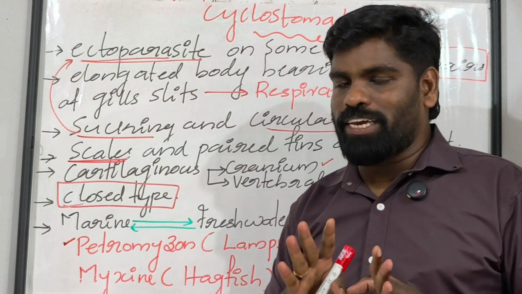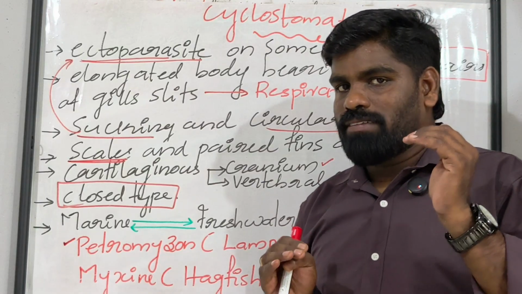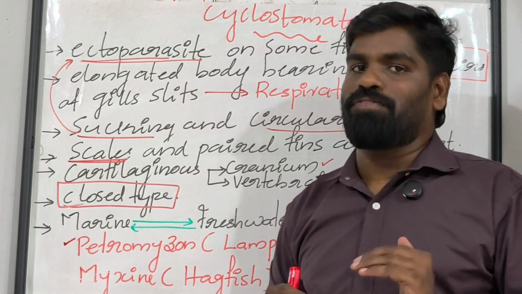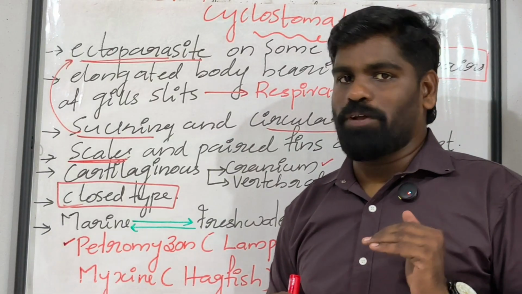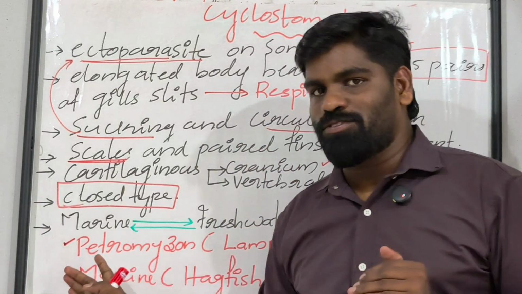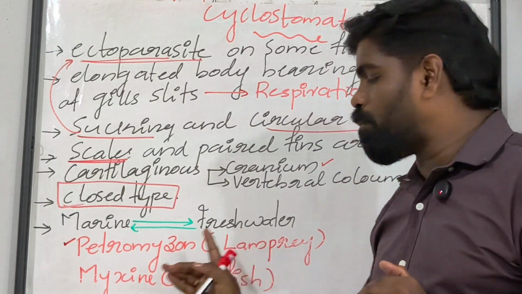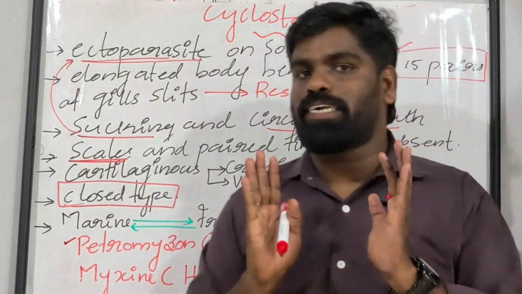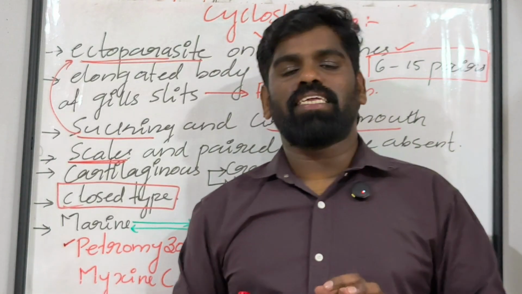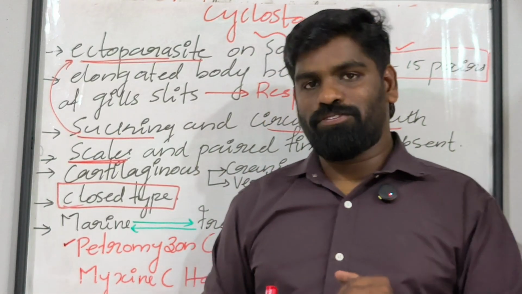You have to keep that in mind. Petromyzon, lamprey and Myxine, hagfish are the examples, which you also have to keep in mind. These are the major characteristics of Cyclostomata.